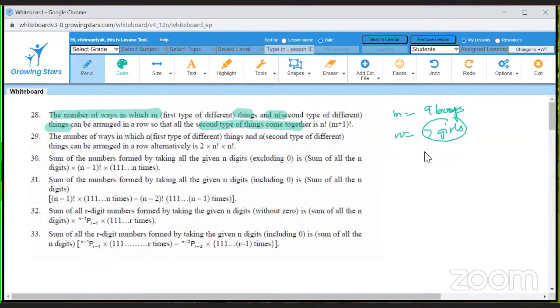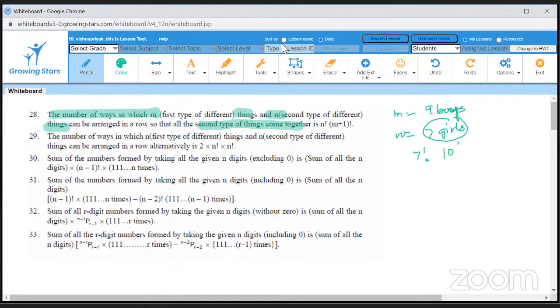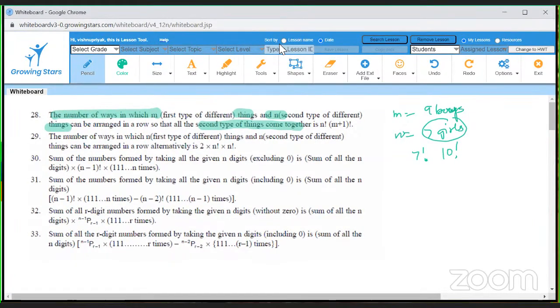All the 7 girls should sit together. You have to tie all the 7 girls with a rope and make them sit together. So that can be done in n factorial, 7 factorial, and (m plus 1) factorial, 10 factorial. This is how you have to take examples and remember it.